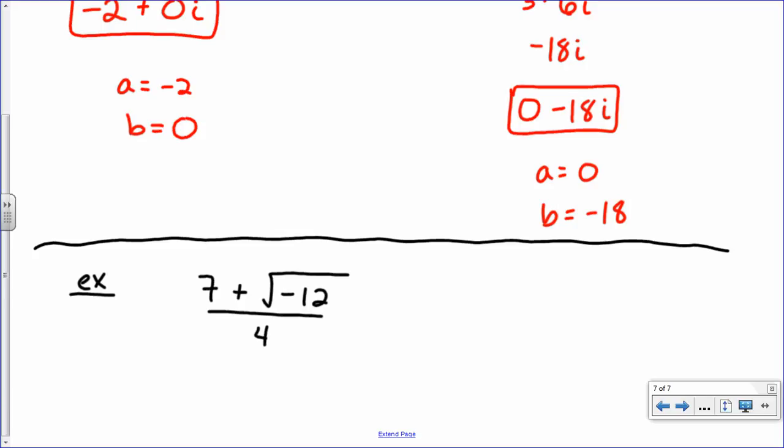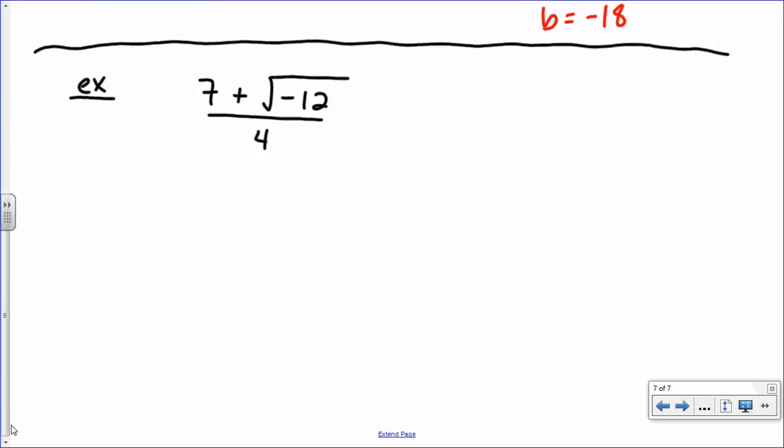So simplify the radicals first. So I know I'm going to bring an i out. What perfect square goes into 12? 4, and the square root of 4 is 2. So 2i comes out, and it was 4 times what gave you 12? 3.